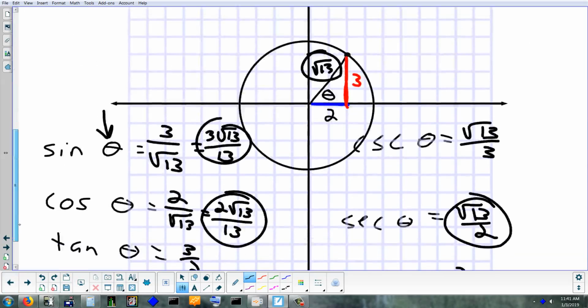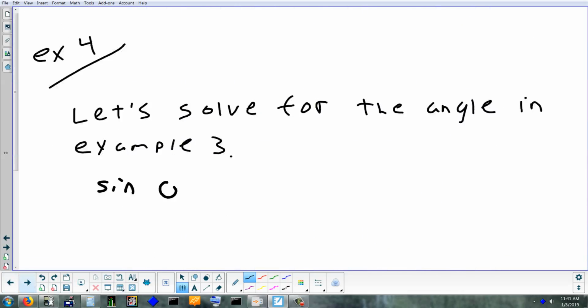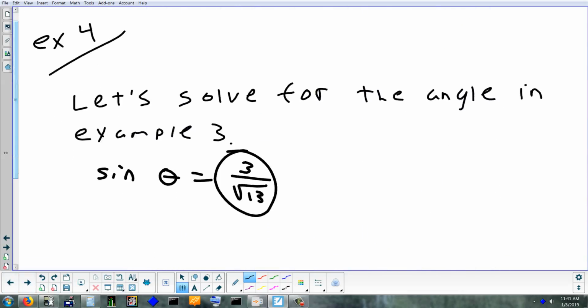So what was it? 3 over square root 13. Now, I'm okay with you using the square root in the bottom there because that's not a final answer. That's just something we're going to plug into a calculator to get a final answer. Right? As long as you don't leave it as the final, for me, it's just easier to type that in. Right, so Kathleen, how would I get theta by itself and get rid of sine? Yeah.